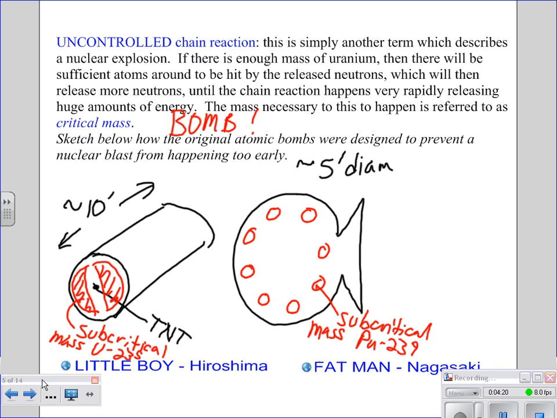And then there was an implosion, something that caused basically all of these subcritical masses to come in towards the center. And so again, when you got them all coming in towards the center, you get that critical mass. So that's how this ends up working. It's an implosion on this one. So you can Google that type of stuff and get a little bit more background if you'd like, and there's videos and such you can see.